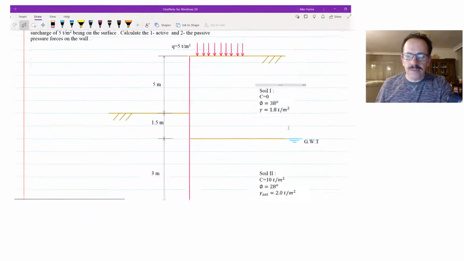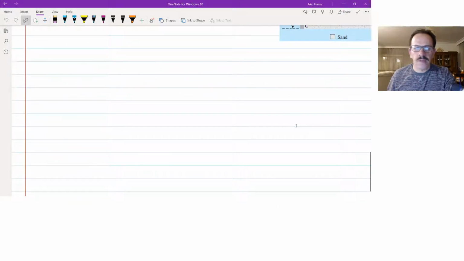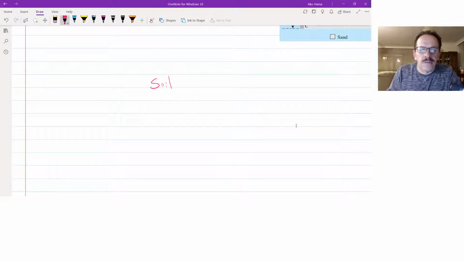As you know, we can classify soils based on their shear capacity.